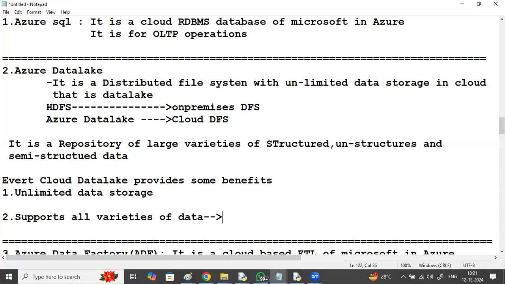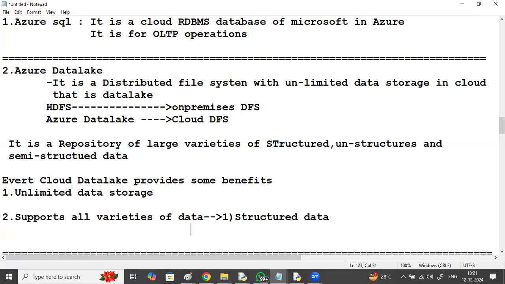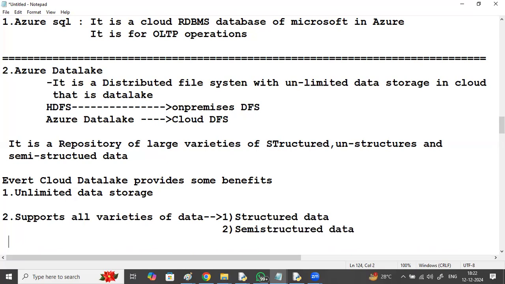All varieties of data means structured data, semi-structured, unstructured. So every cloud data lake supports all varieties of data.